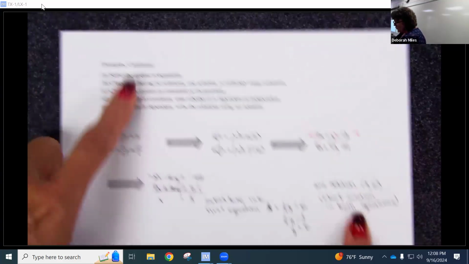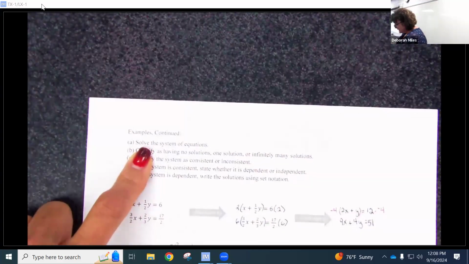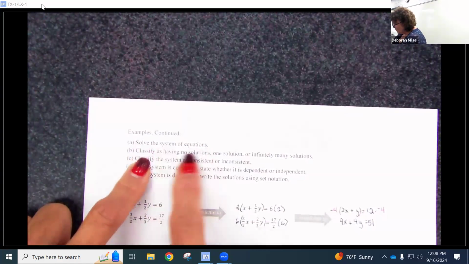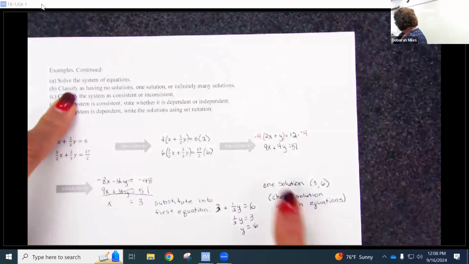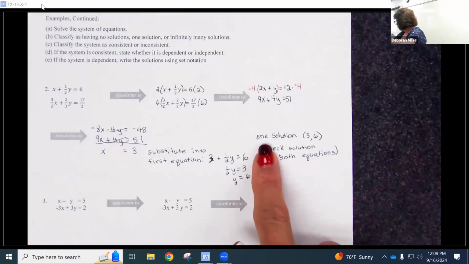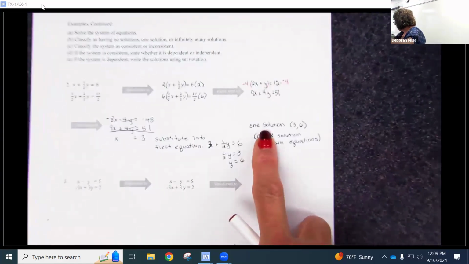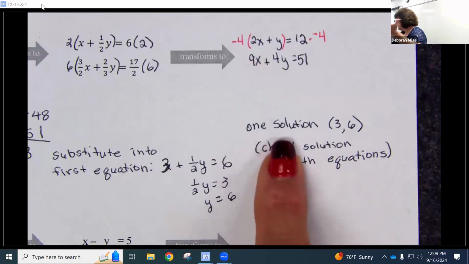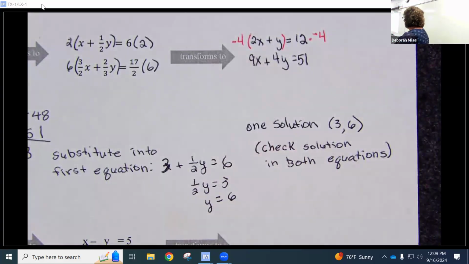All right, so we've done what A says. We've solved the system. We've done what B said. What I'm gonna ask on the test is, how many solutions are there? We've said there's just one. Part C says, classify the system as consistent or inconsistent. Which one? Because you need to know that for tonight's homework.